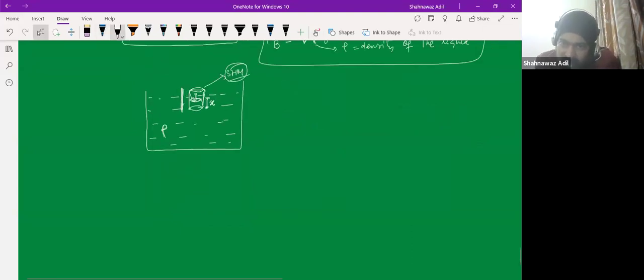If we are pressing this cork by x distance, the force which is pulling it upward, providing a restoring force, would be the buoyancy force, right, guys? So the restoring force is F buoyancy.